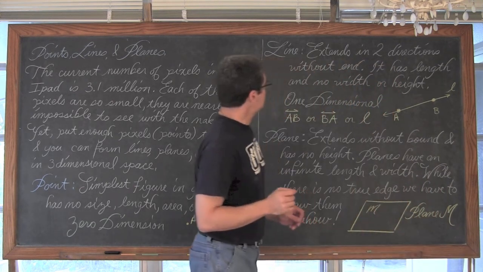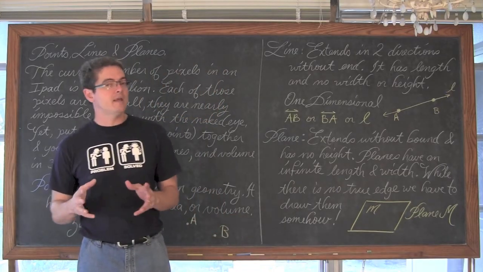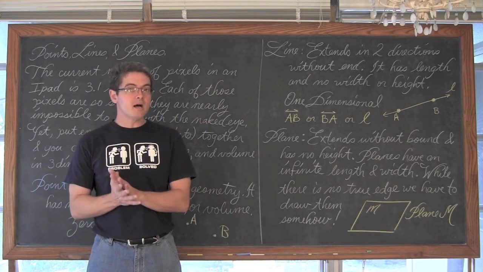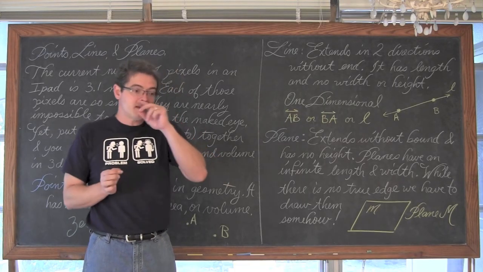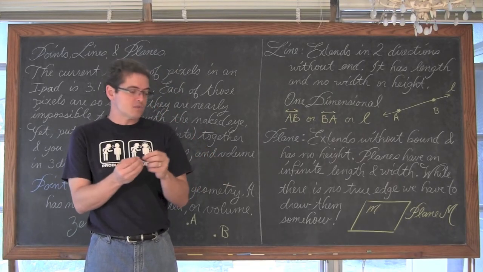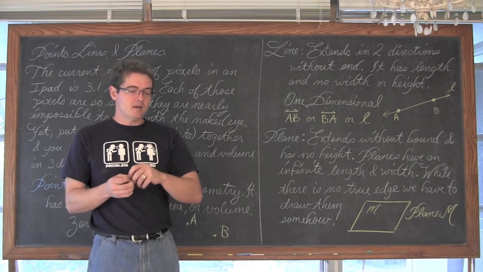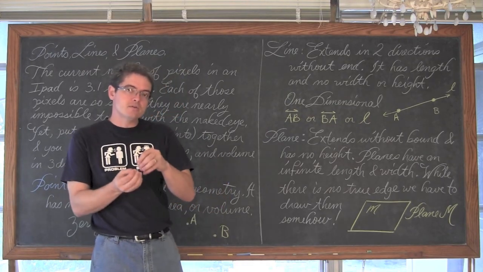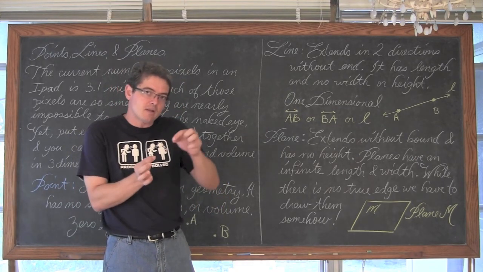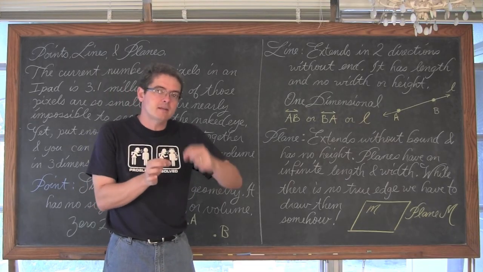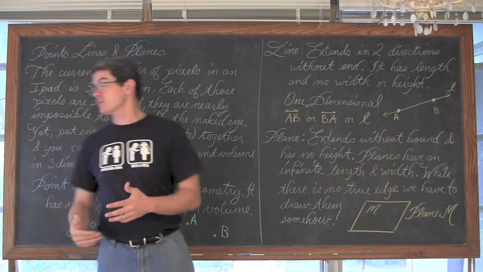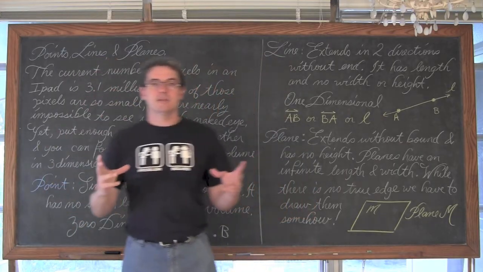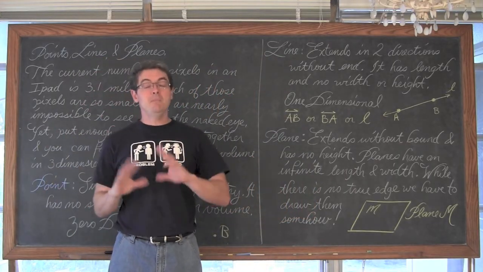Now if we take these points that have no length or width, no size, and start lining them up, think of a pearl necklace or a beaded bracelet where each of those beads is a point. They're very, very tiny, but you start lining them up, and all of a sudden you have a line form. Or going back to the iPad, this 10-inch screen has over 3 million pixels.